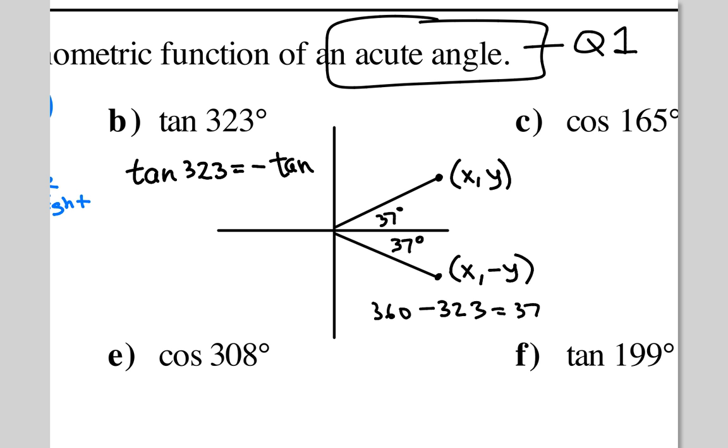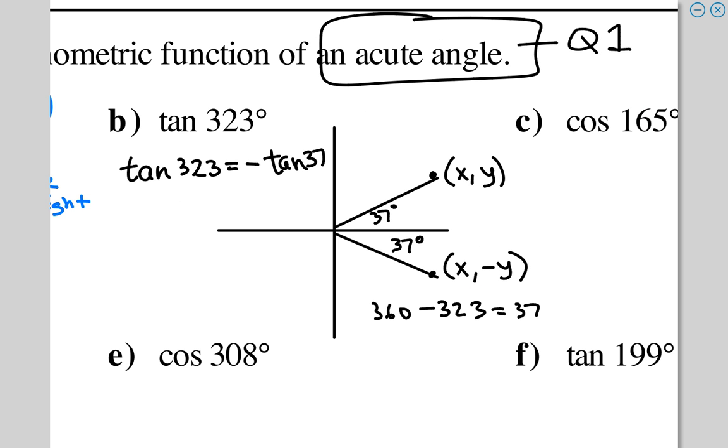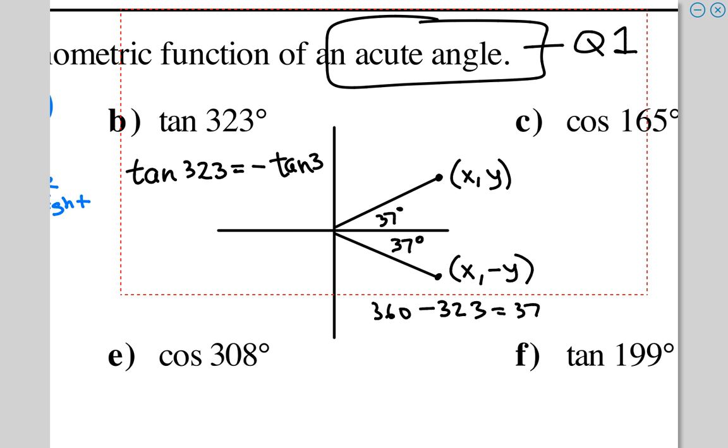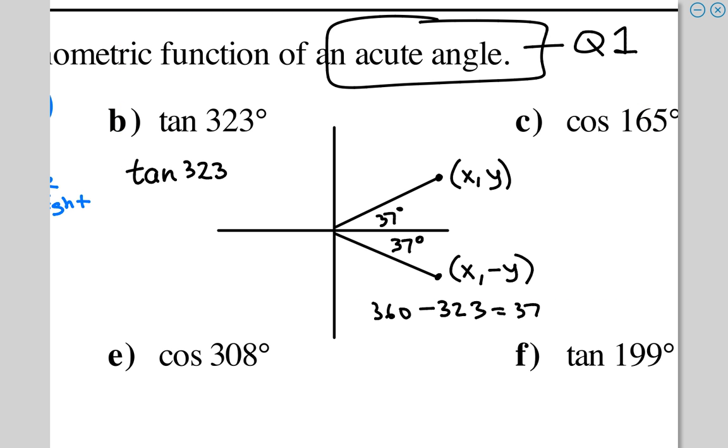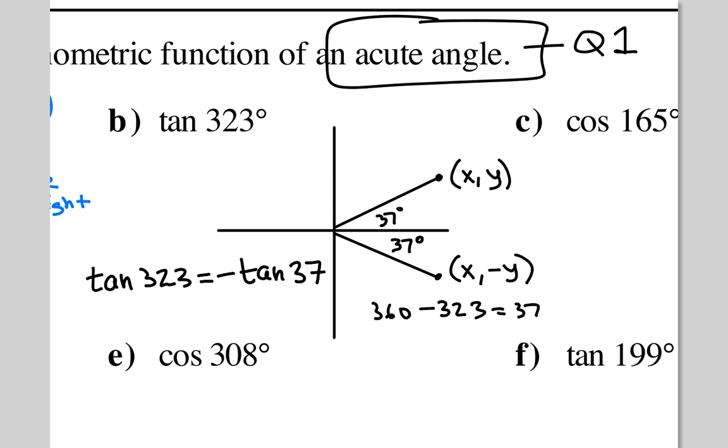Very nice. Let me just rewrite this so it's neater. So tangent of 323 is equal to the negative of tangent 37. Because it's like the y over the x.